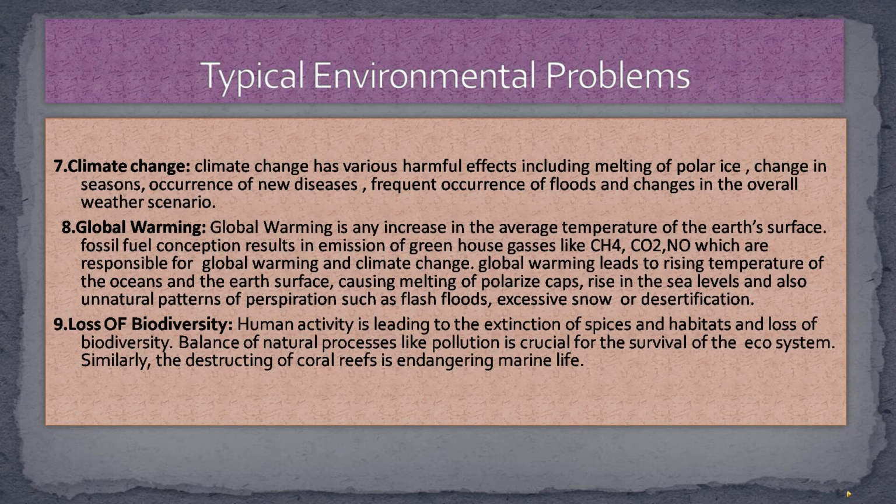Here, loss of biodiversity means loss of the number and types of plants and animals living in a particular area. The animals and plants living in a particular area may move to another area, and that is called loss of biodiversity. Balance of natural processes is crucial for the survival of the ecosystem.